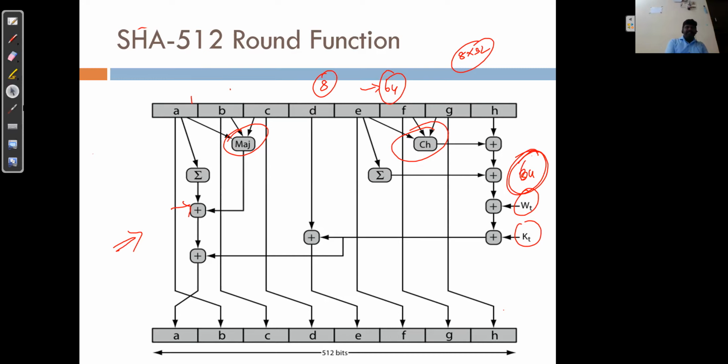Any queries regarding this SHA1 explanation part? That is more important, MD5 as well as SHA1. If you have any queries regarding the MD5 as well as SHA1 algorithm, I'll be happy to explain it again, or solve your queries if you have any.